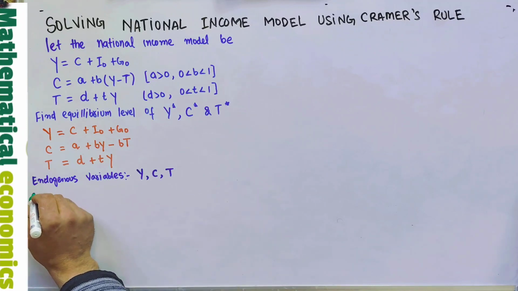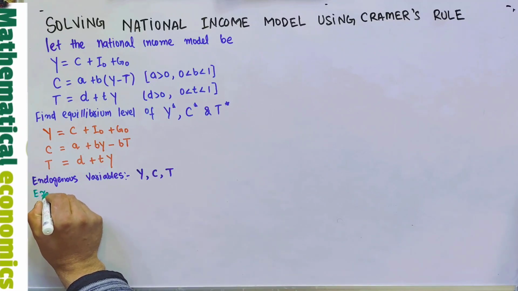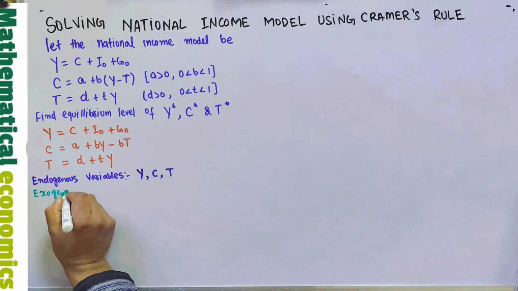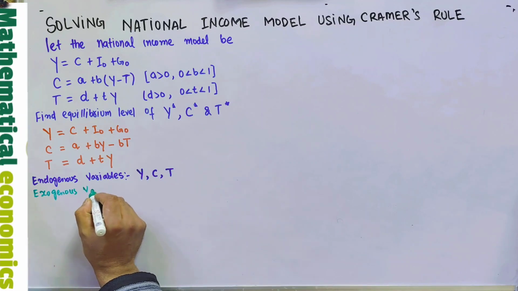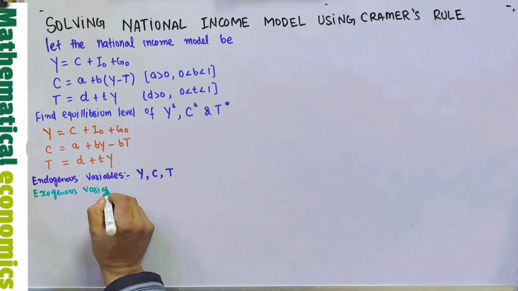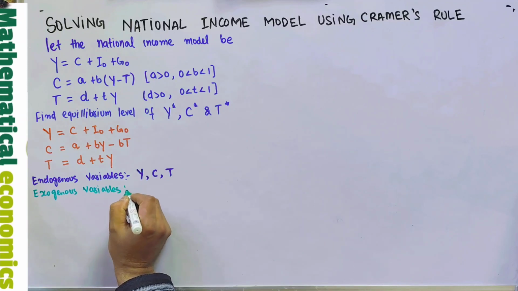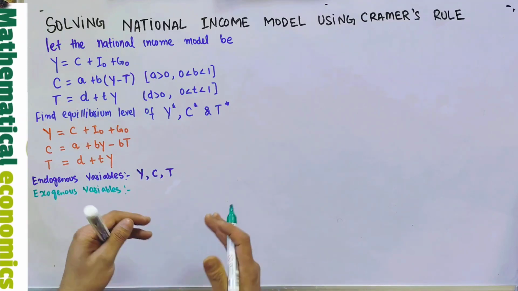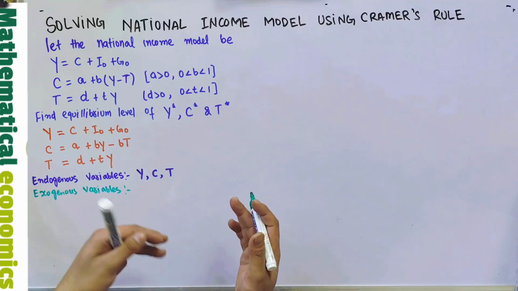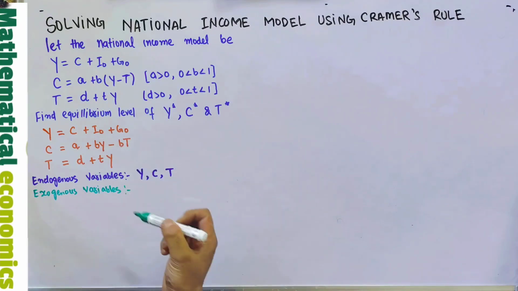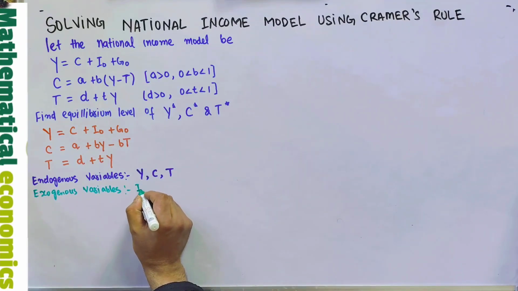Similarly, we need to find the exogenous variables. Exogenous variables are those variables whose value is determined outside the model. Here you can see we have the autonomous investment I naught, which is supposed to be given to us.